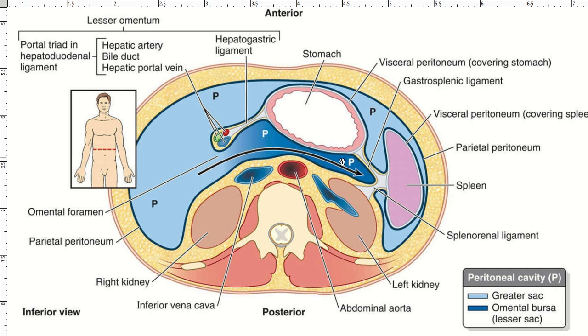Take note, the lesser sac can also be called the omental bursa. We spoke of this omental bursa when we were talking about the rotation, that it is created by the 90-degree clockwise rotation of the stomach in our GIT foregut embryology lecture. So this is the lesser sac, and this is what we call the greater sac.